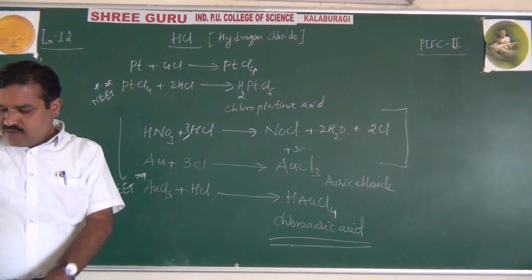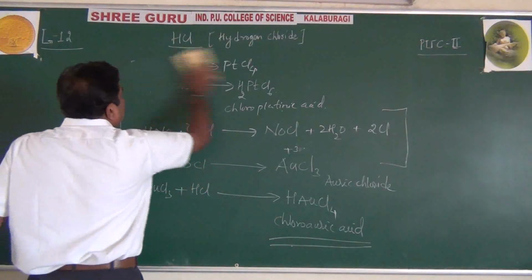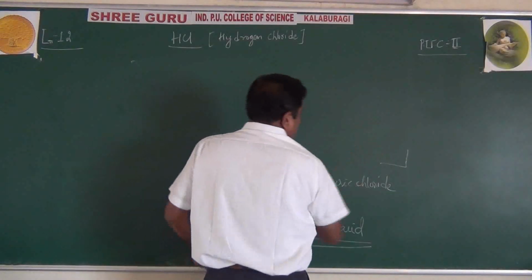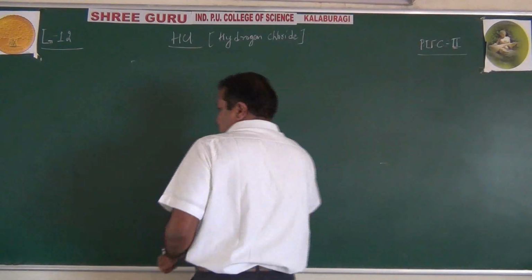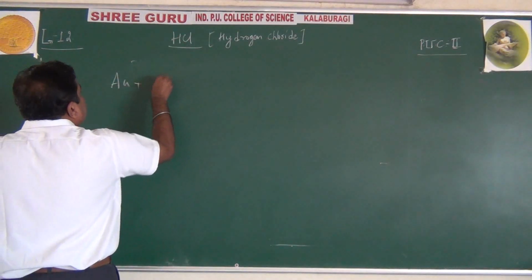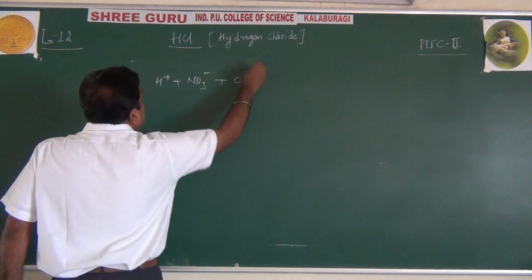Okay, right. Now, not to waste time, we see here. Now this can be written in ionic form like this, that is Au plus H plus NO3 minus and Cl minus.